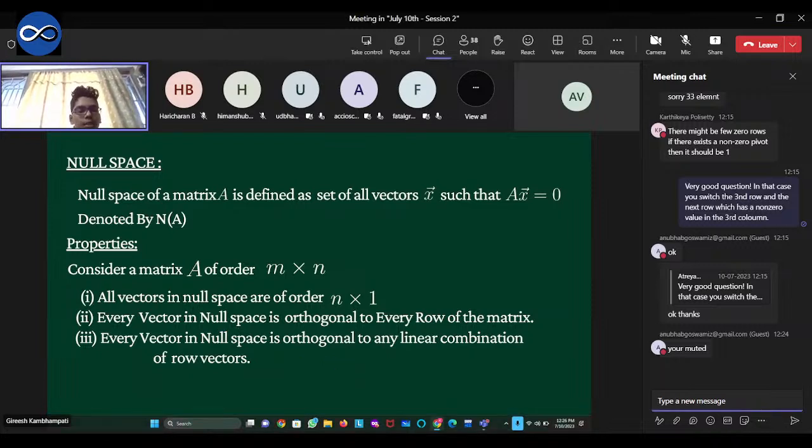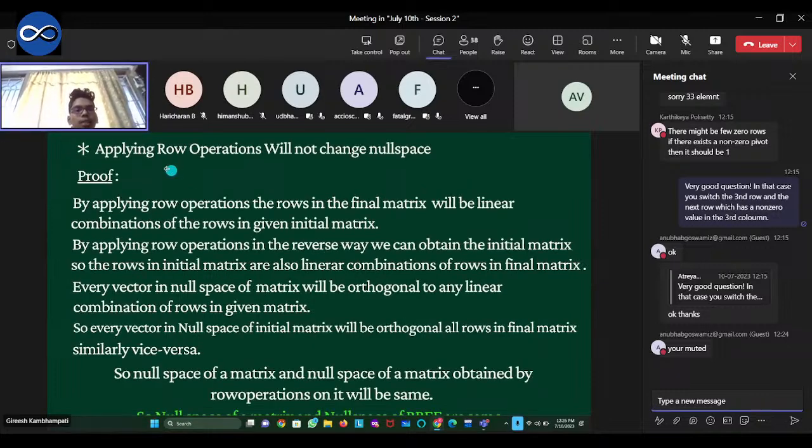Rows of A into x bar give zeros on the right side. So the vector x bar is orthogonal to every row in the given matrix. This is another point: applying row operations will not change the null space.